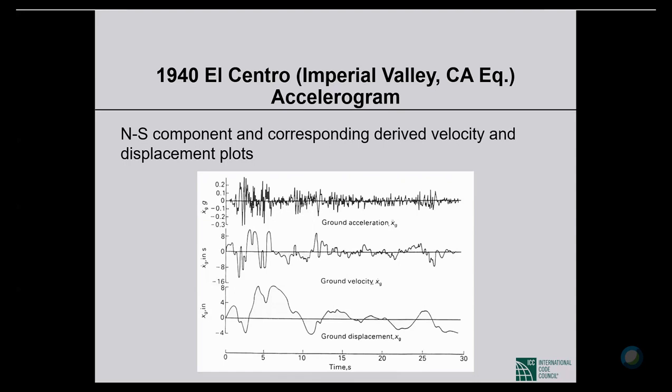There is no pattern to it, typically. It's back and forth motion of the ground, and the frequency is very high. The back and forth motions are very frequent when you look at the accelerogram.